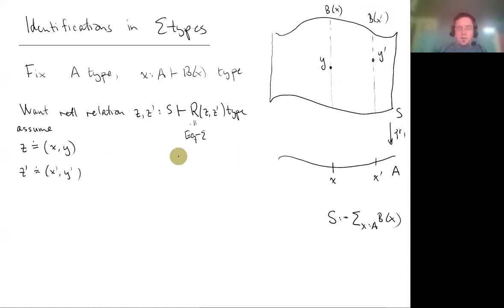Okay, so I want this type depending on Z and Z prime, or all these four elements X, Y, X prime, and Y prime, to express the ways I can identify the pair X, Y with the pair X prime, Y prime.